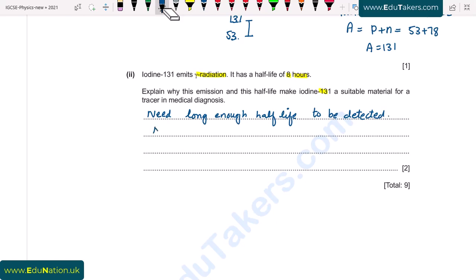Second is needs short enough half-life to soon have very little activity.